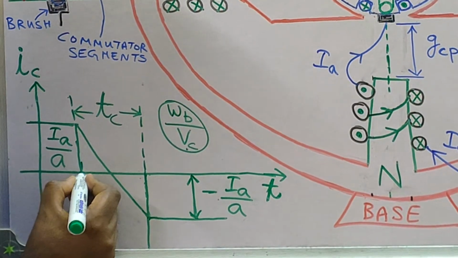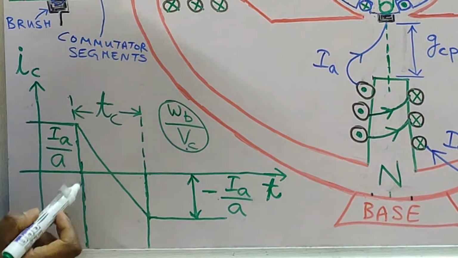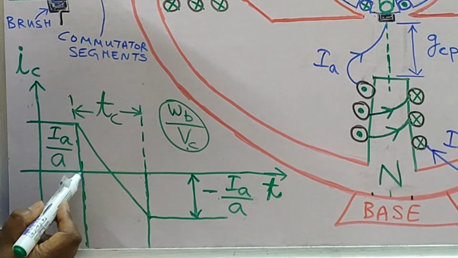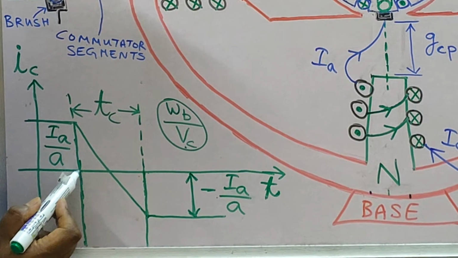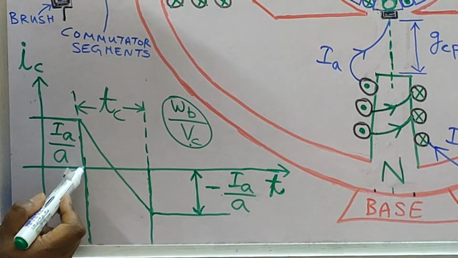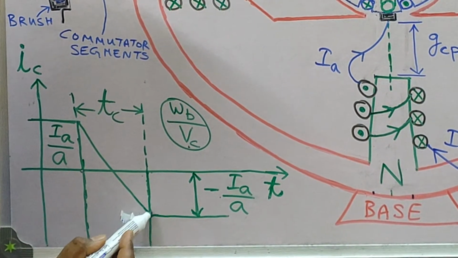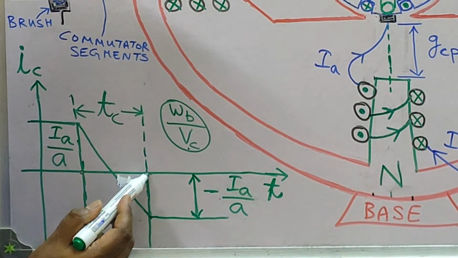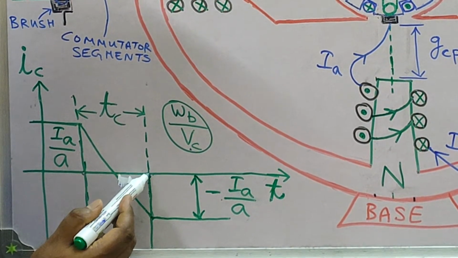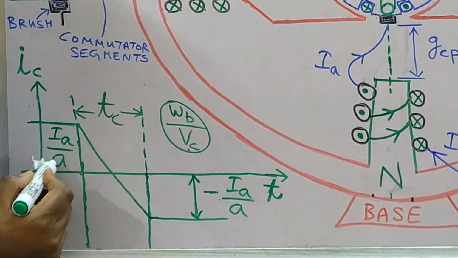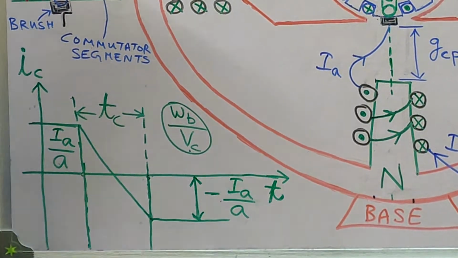So this is the time instant at which the coil 11 dash is coming in contact with the brush, and this is the time instant at which the coil 11 dash is leaving the brush contact. So it has changed from plus Ia by A to minus Ia by A.